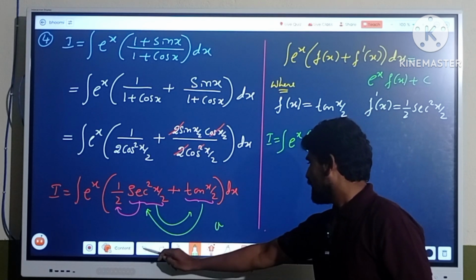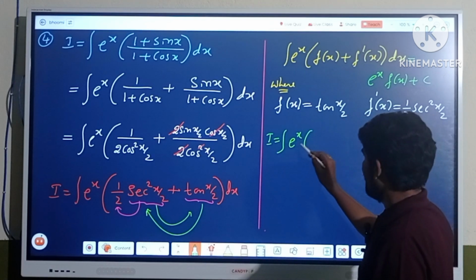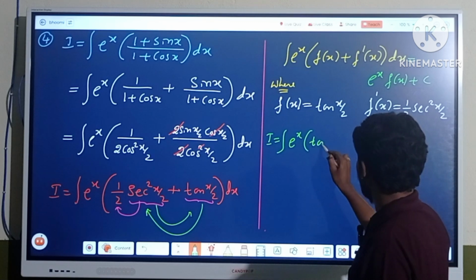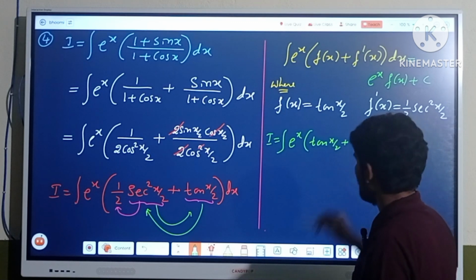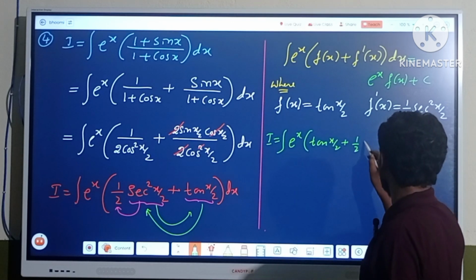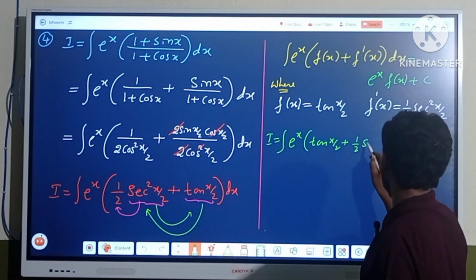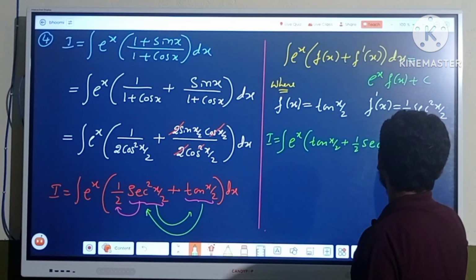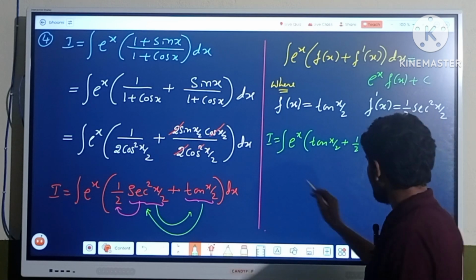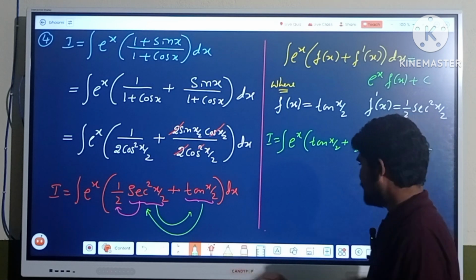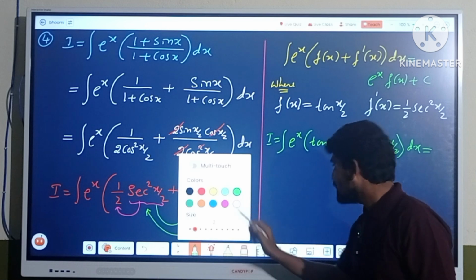I can be expressed as e power x into tan x by 2 plus 1 by 2 into secant square x by 2 with respect to x is equals to what?